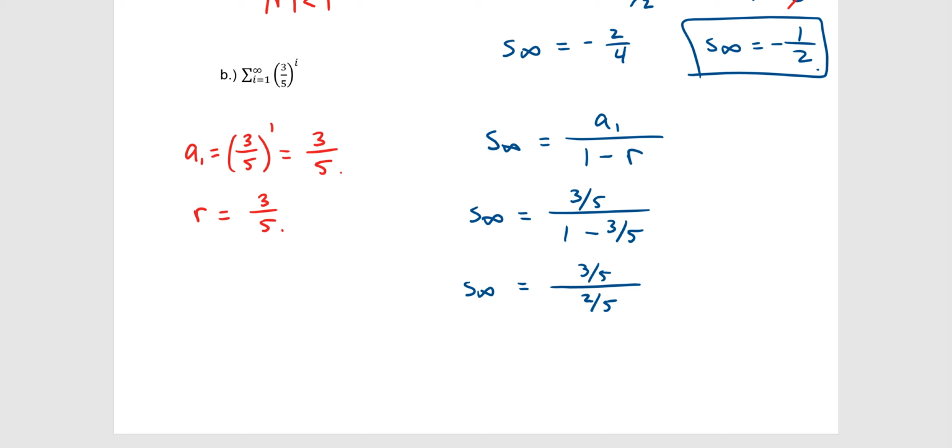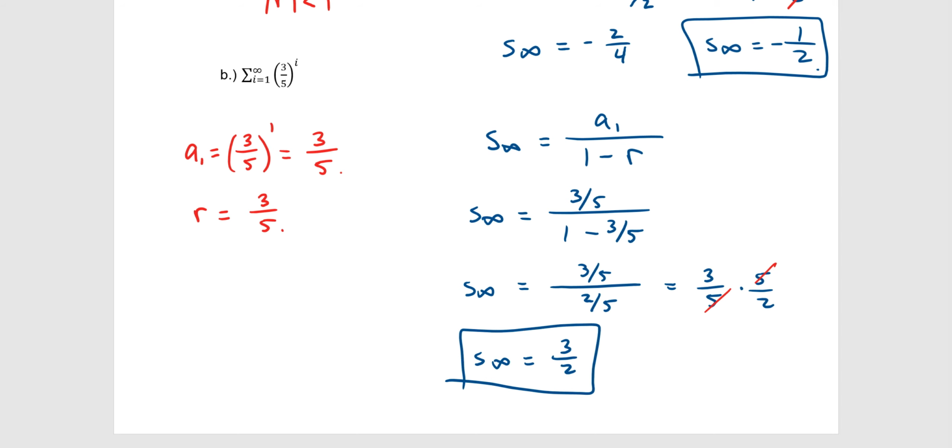And doing some keep, change, flip here, that's 3/5 times 5/2. The 5's cancel, and we end up getting the sum is 3/2. Okay, so if you added up all of these in the sequence, an infinite number of them, they actually only add up to 1.5.